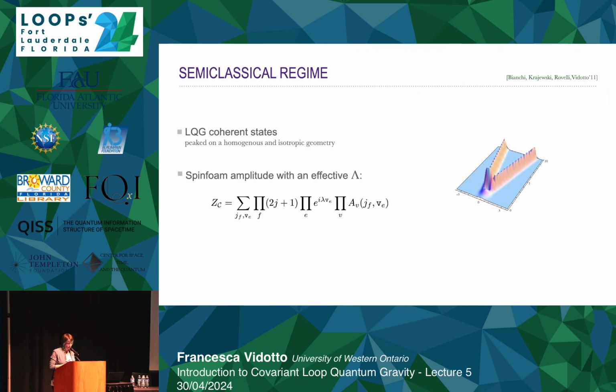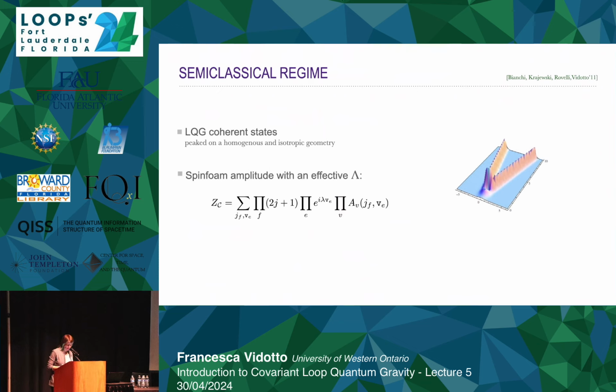And so the first thing that we did back then when we tried to apply the spinform dynamics to cosmology was to use one of those coherent states, use the brand new EPRL vertex, and cosmology provided us a framework in which we could check the classical limit of the theory.